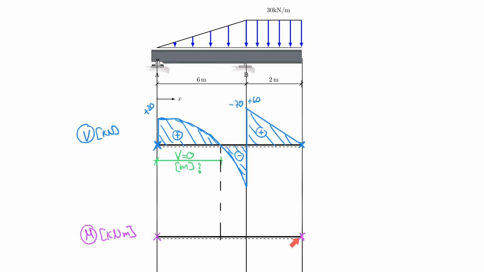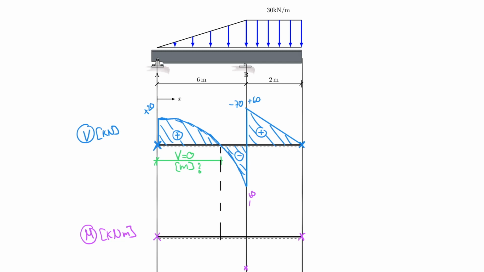So it must be quadratic or parabolic, doesn't really matter. And that it has a value of 30 times 2 times 1. So that is actually equal to minus 60. So on this side here, I have minus 60 kilonewton meter. And let's just pretend that's right down here.